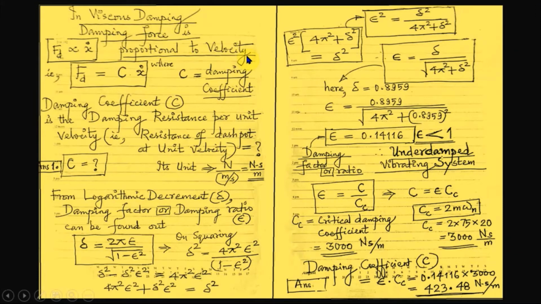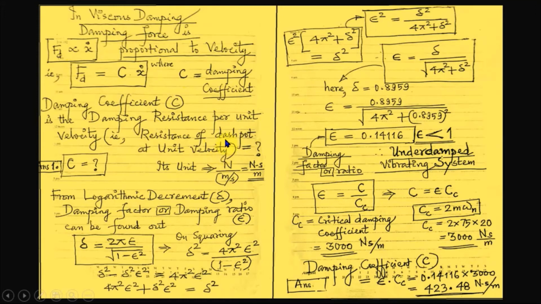We know that in a viscous damped system, the damping force Fd is proportional to the velocity of the vibrating body. Even that statement is given in the question. Fd is proportional to x dot. So Fd is equal to a constant c into x dot, where this constant is known as damping coefficient. So damping coefficient actually is the ratio of the damping force to the velocity. So here in this question you are asked to find out the resistance of the dashpot at unit velocity.